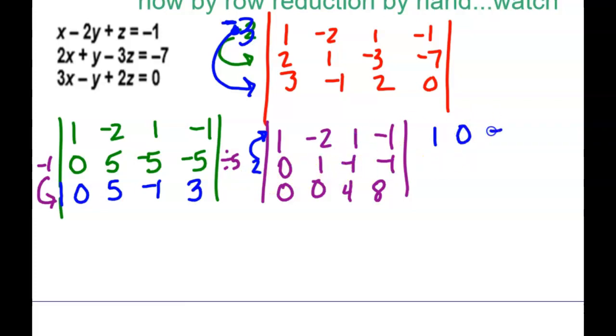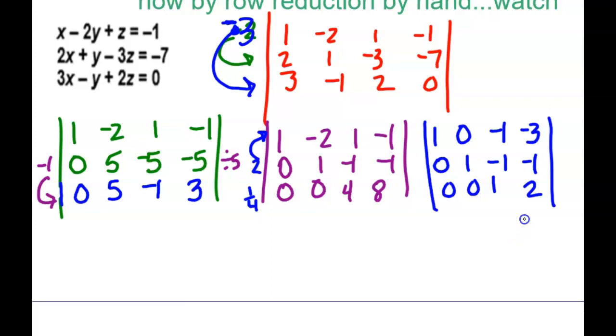Added up here would become negative 1. 2 times negative 1 would be negative 2. Added to negative 1 would be negative 3. Middle one is going to stay the same. The bottom one I'm going to divide by 4, okay? Or multiply by 1/4. So I'll get 0, 0, 1, and 2.